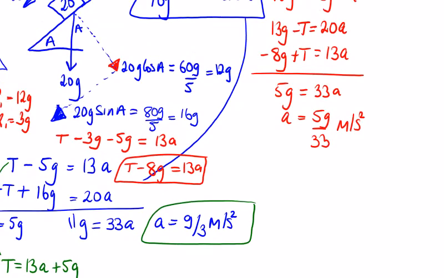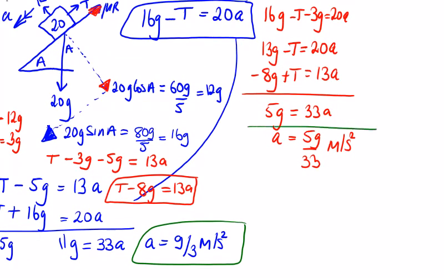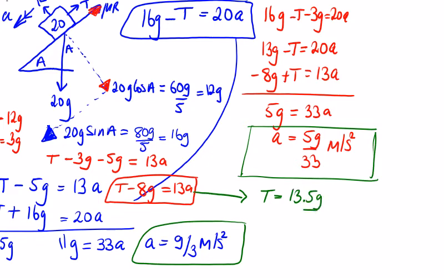The second instance, a is 5G over 33. And if I put that in here, I'm going to get T is equal to 13a plus 8G. 13 times 5G over 33 plus 8G.